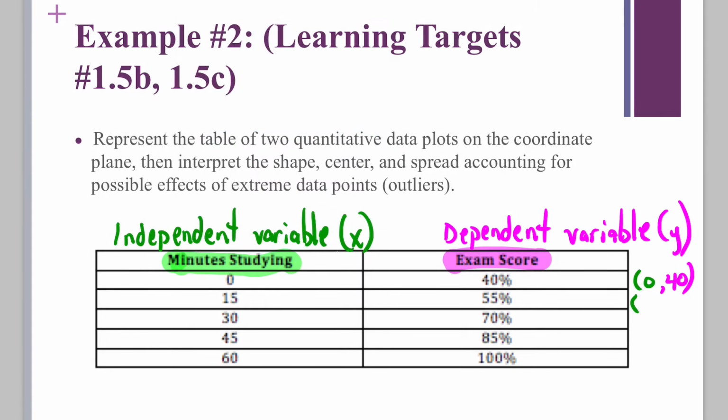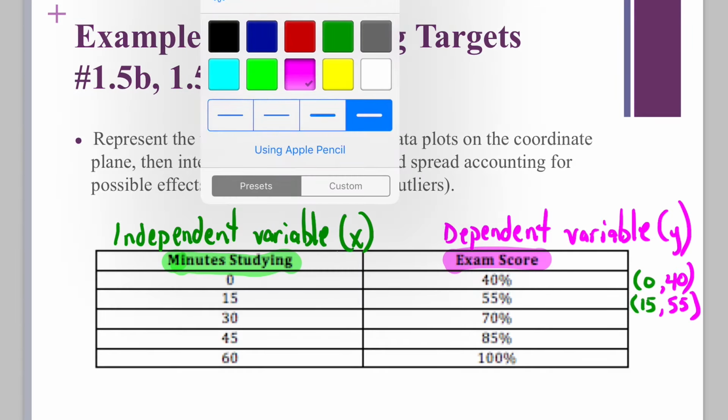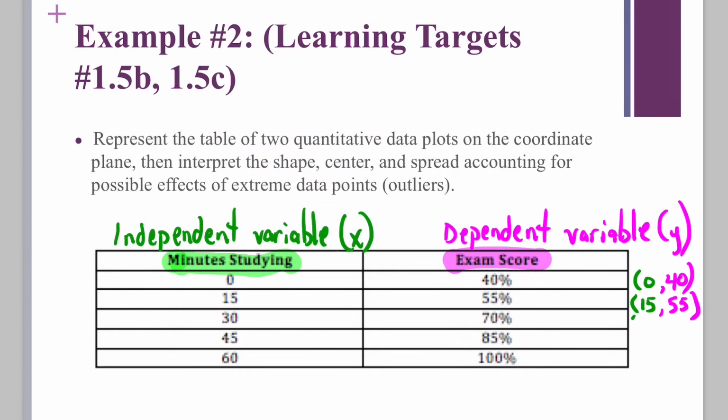If we studied 15 minutes, our estimated score would be 55. If we were to study for 30 minutes, our estimated score would be a 70%. If we were to study for 45 minutes, our estimated score would be an 85%.